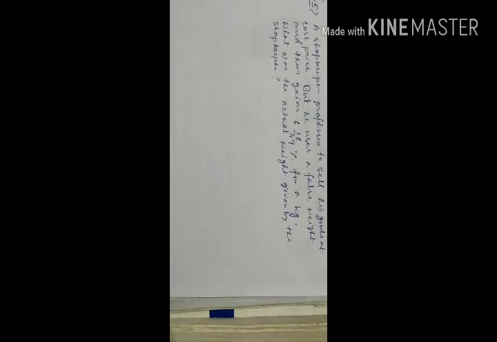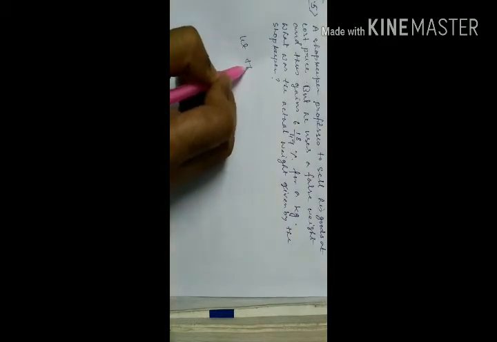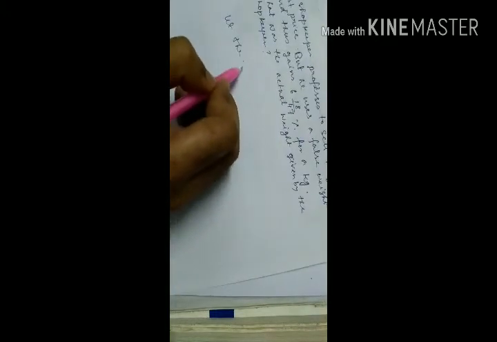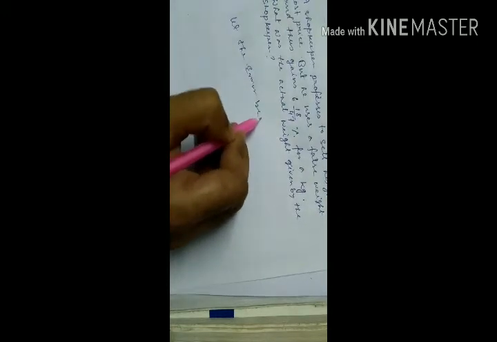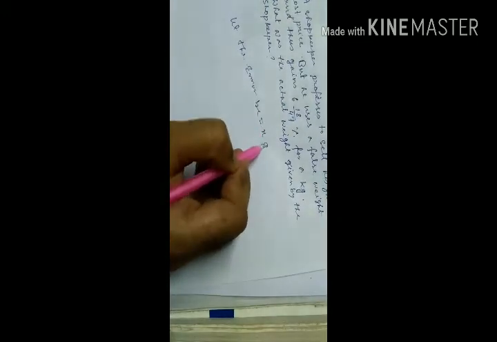And the trick is, at first you suppose the error the shopkeeper uses in selling his goods. Let the error be x gram.